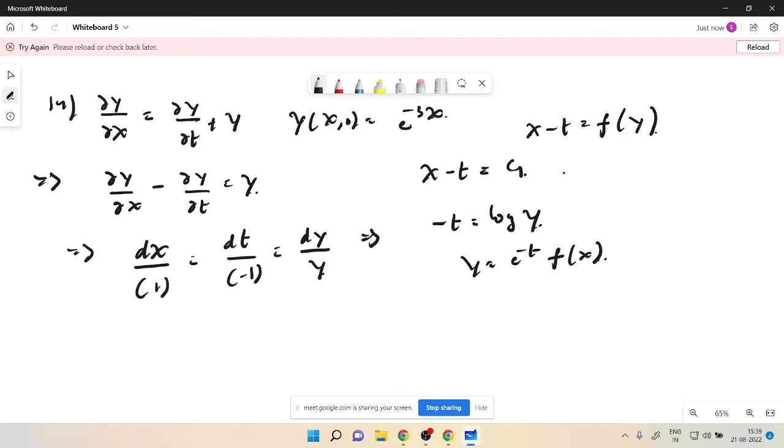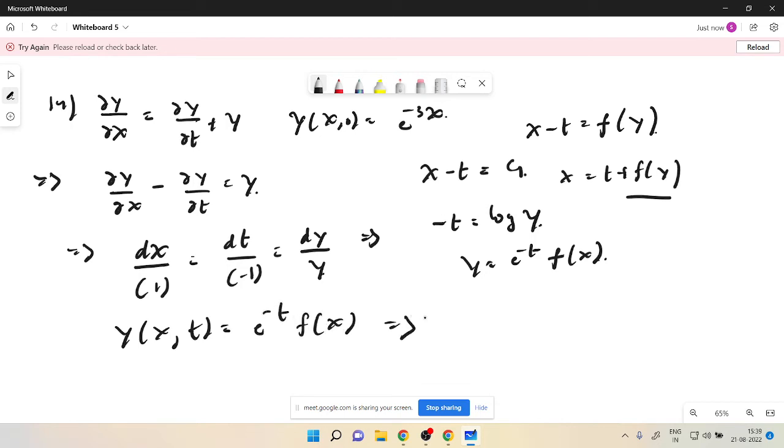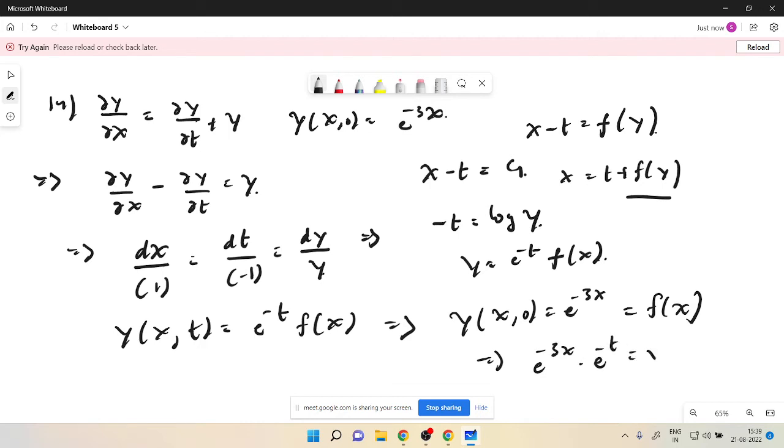So y of x comma t equals e to the power minus t into f of x, which implies y of x comma 0 is equal to e to the power minus 3x, which is equal to f of x. This implies e to the power minus 3x into e to the power minus t is equal to y of x comma t. Yes, this is the solution.